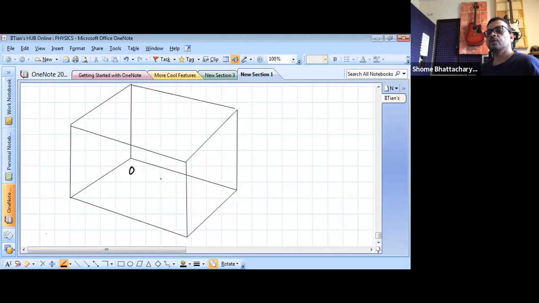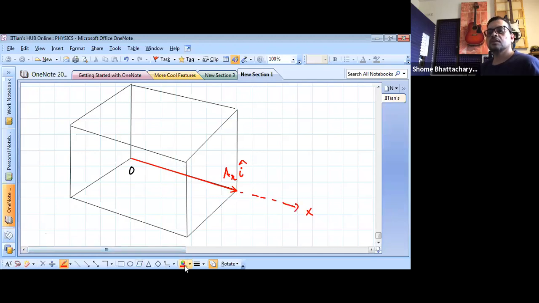I have defined that point as my origin, and I have defined these as my x, y, and z axis. So I can define this edge as having magnitude Ax. So this becomes Ax i cap. So this is my x-axis.